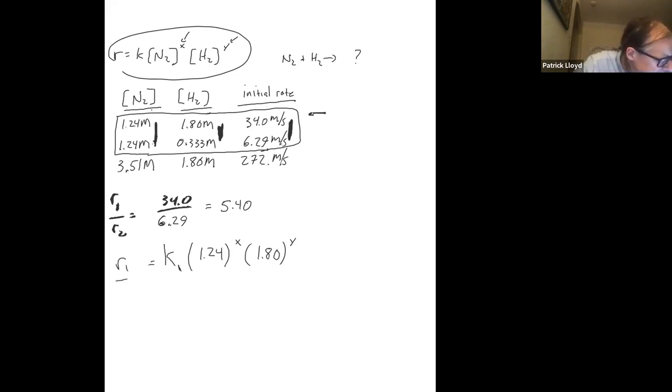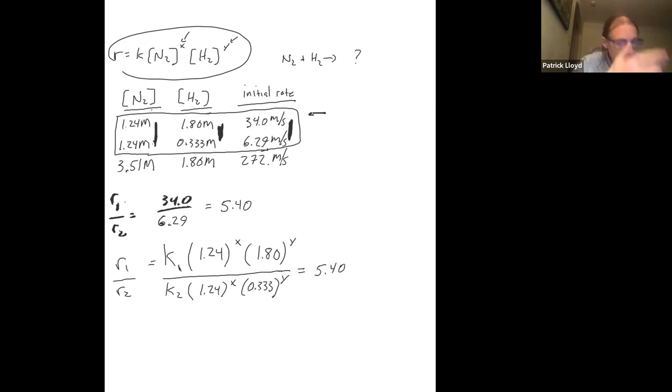And I'm going to divide it by the rate law for experiment 2. So K2. Now keep in mind, K1 and K2 are the same, but I'm just putting the subscript in there so you know that it's for reaction 2. This is also 1.24. And then this is 0.333. Okay. And that ratio we've already determined is 5.40. Why? Because R1 over R2 is 5.40.